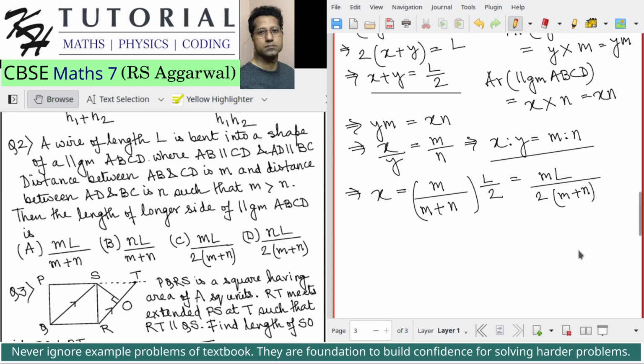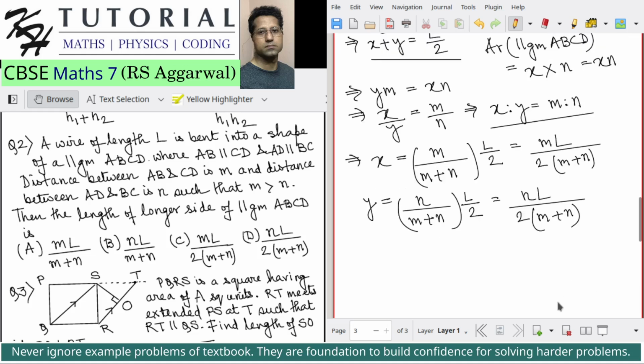So this is X. Similarly, Y will be equal to N by (M plus N) multiplied by L by 2. This is equal to NL divided by twice of (M plus N). Now we have to see which is greater, X or Y.